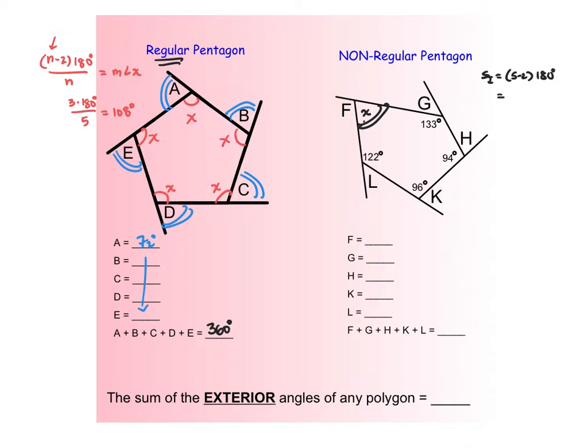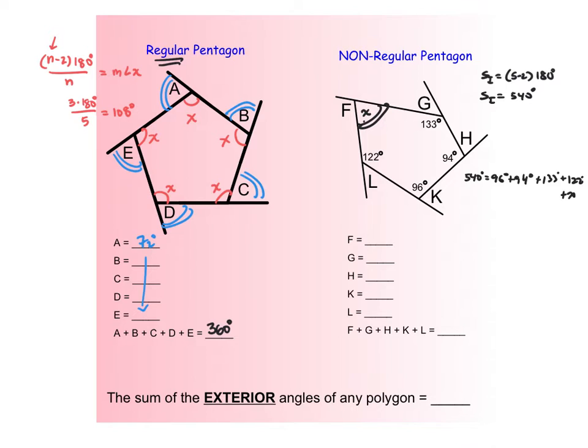So I know that these 5 angles should add up to 540 degrees. So 540 degrees, of course, would equal the sum of the following angles: 96, 94, 133, 122, and x.